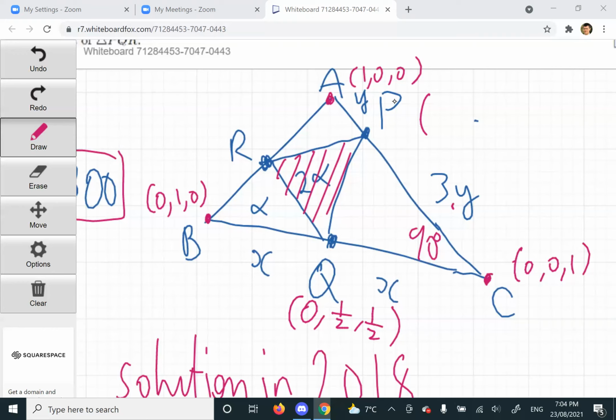P should definitely have nothing in the B component. And you said it was 3/4 at A, 1/4 here.